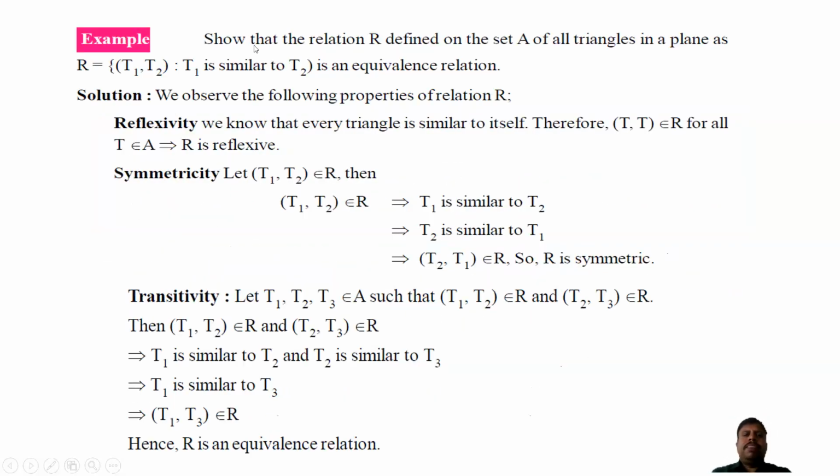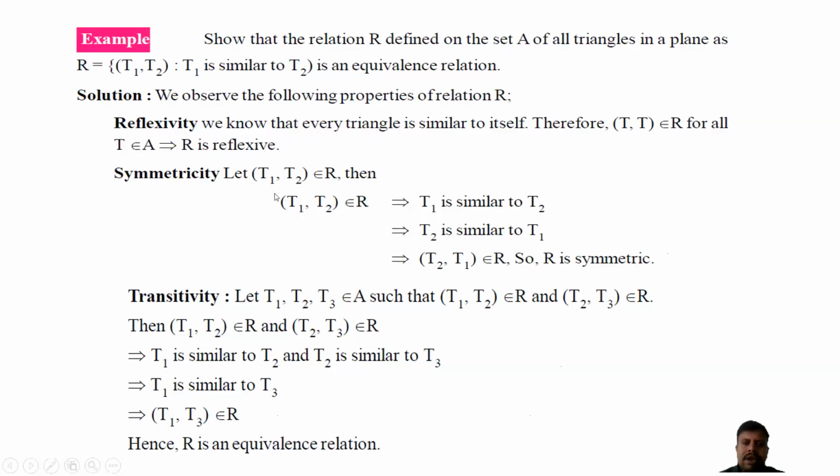So this is one more example. We have to show that the relation R defined on the set A of all triangles in a plane as R = {(T1, T2): T1 is similar to T2} is an equivalence relation. Let us consider one triangle. That triangle is always similar to itself. So this relation R satisfies reflexivity.